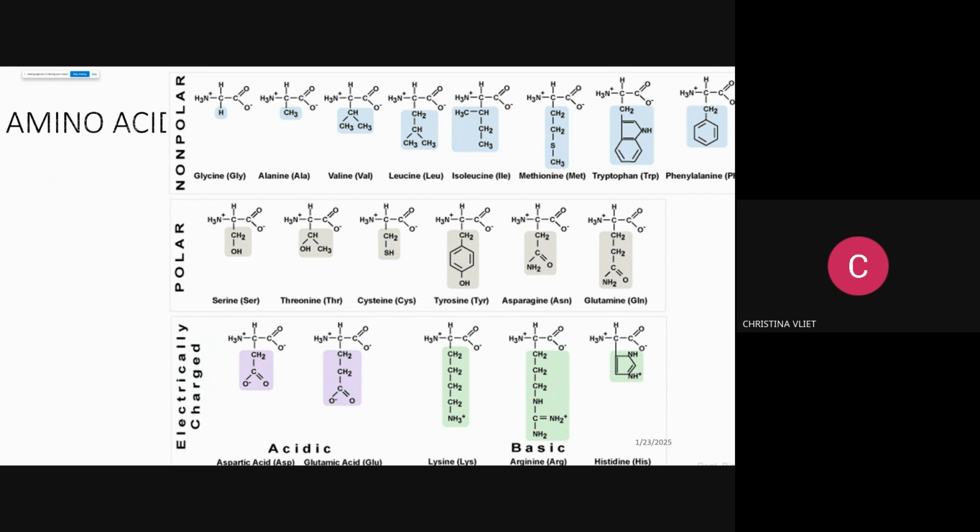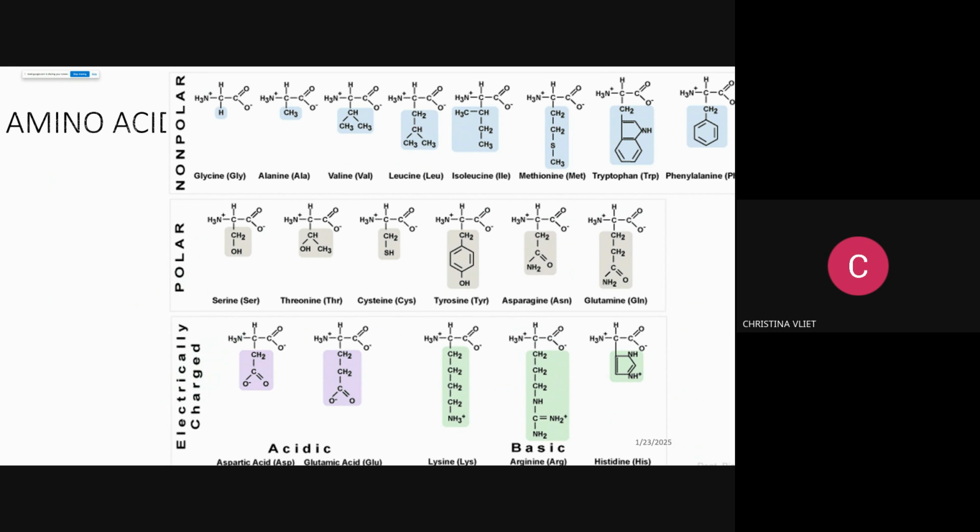When I was a student in biochemistry, if you study biochemistry in your future life, you may be asked to memorize 20 amino acids by heart. But what you should be able to do is group the R groups into types. You should recognize if your R groups are nonpolar, which means they're just hydrocarbons.